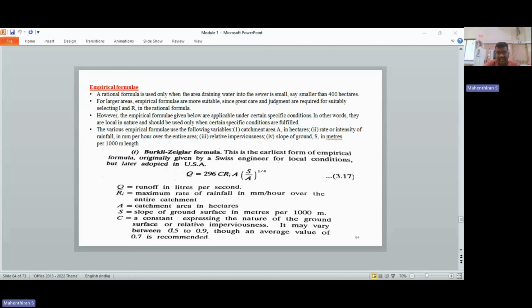Now look at the area range. While this formula is intended for areas larger than 400 hectares, it may have its own upper limit. For extremely large basins, that is thousands of hectares, more sophisticated methods like unit hydrograph or flood routing are needed.